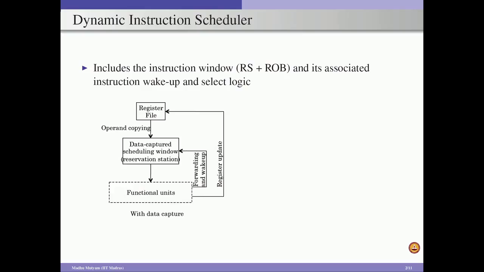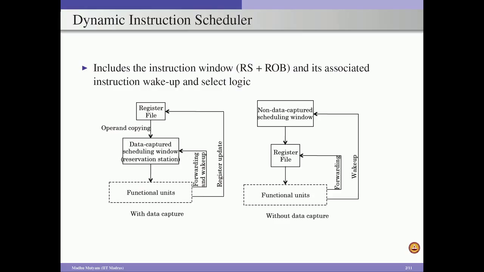This is one type of design, but some of the processors follow the other type of design, that is dynamic instruction scheduler without data capture. So, here what we do is we reorder these two units. So, we have the non-data capture scheduling window here, and we have a register file here and the functional units here.